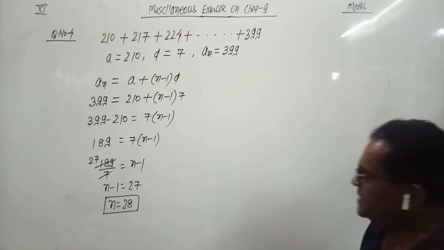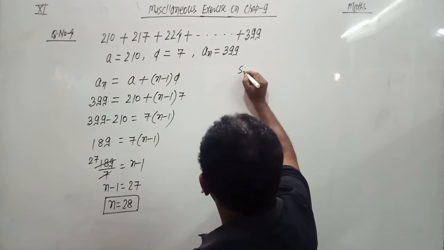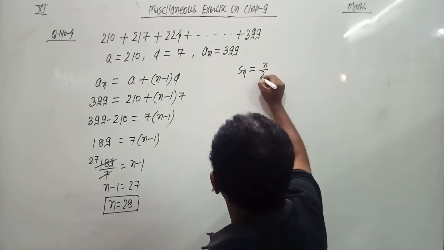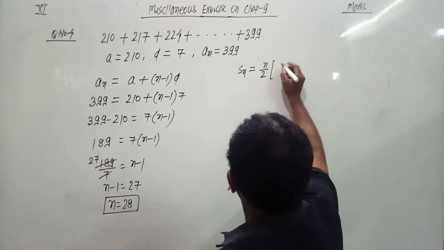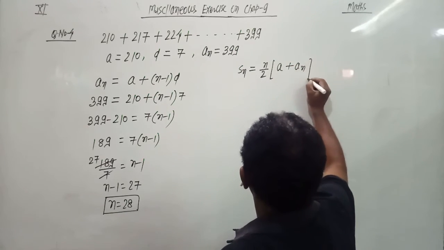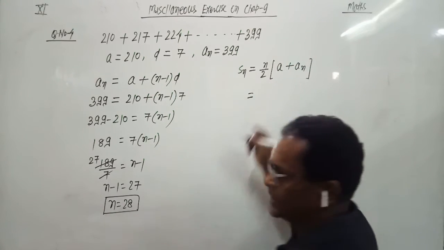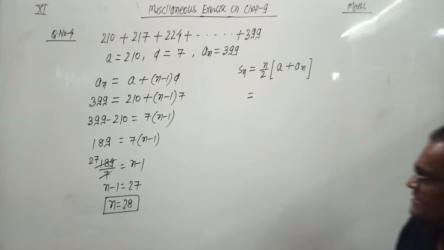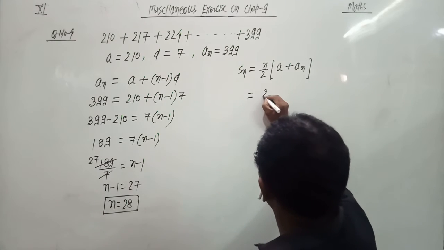Now we have to calculate the sum. So the formula for finding the sum is Sn equals n by 2 times a plus an. When the last term is given, we can use the formula n by 2 times a plus an. The total number of terms is 28, so 28 by 2.